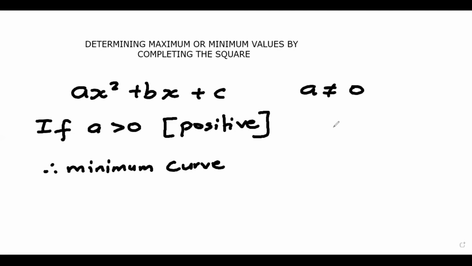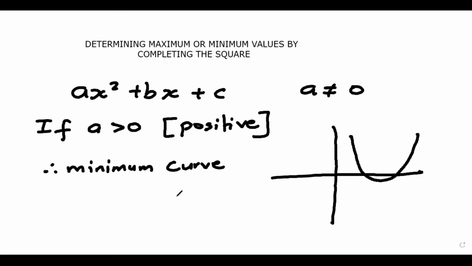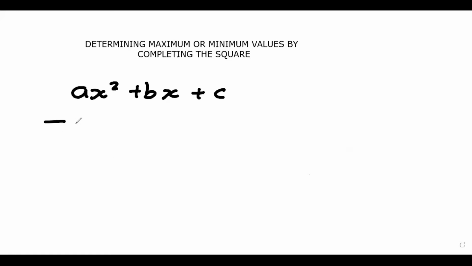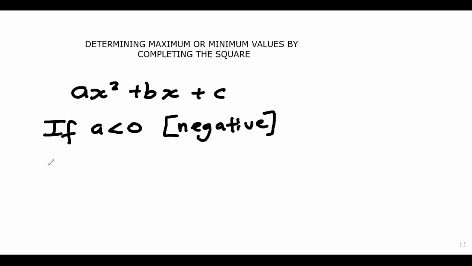And this is what a sketch of a minimum curve would look like, going like this. So it's an upward parabola. Now, if a is less than 0, meaning a is negative, then we have a maximum curve.